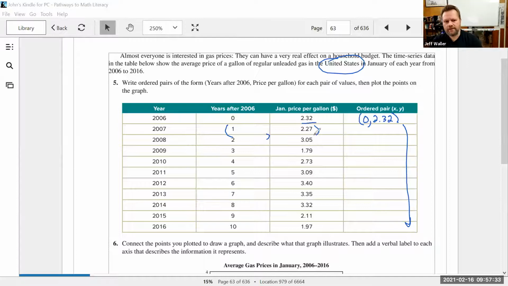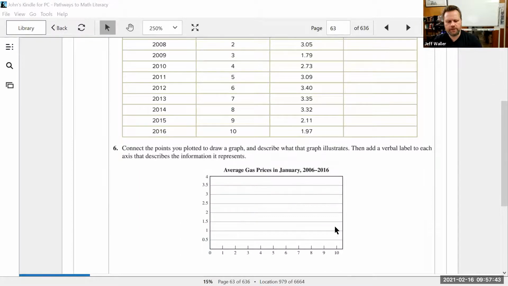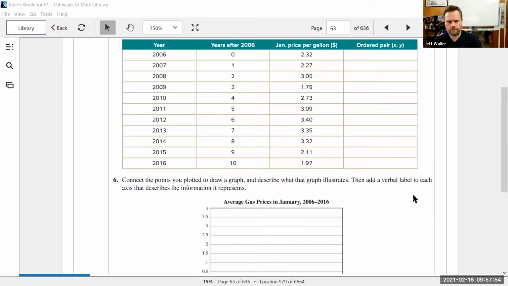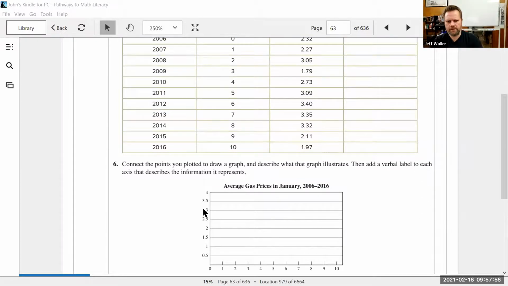And now here's where things get interesting. If you had to graph this data on a chart, now they've already done this for you, which kind of sucks. But why did they choose this scale? What makes sense about the scale they chose? Or is there something that doesn't make sense?